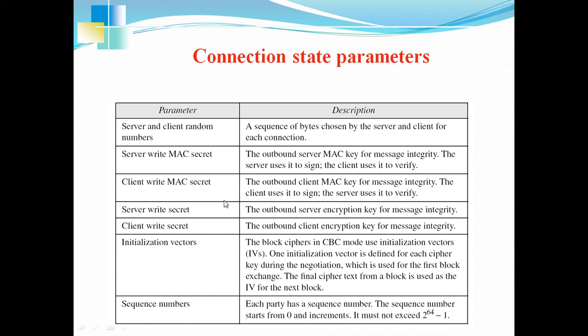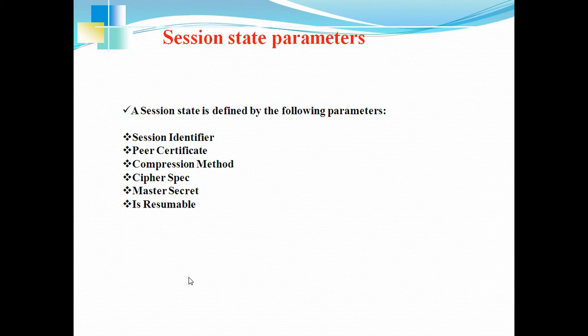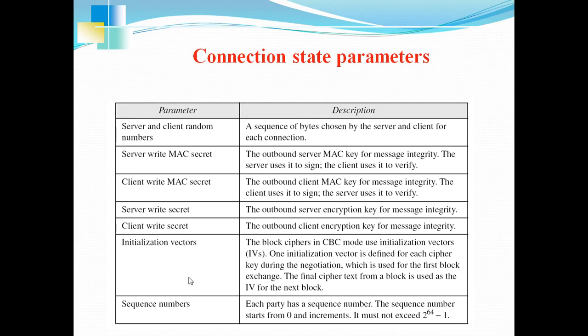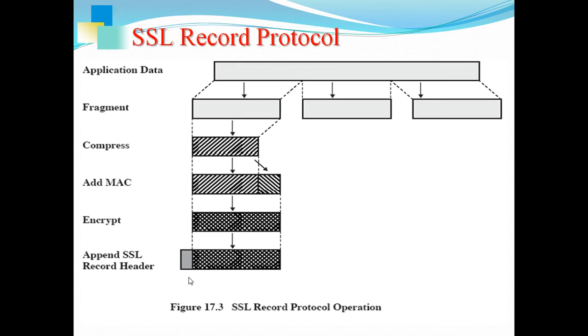So these are all the connection state parameters: server and client random numbers, server write secret, client write secret, initialization vector, sequence numbers. Whereas for the session, there are the session ID, certificate, compression spec, and master secret, which is resumable.